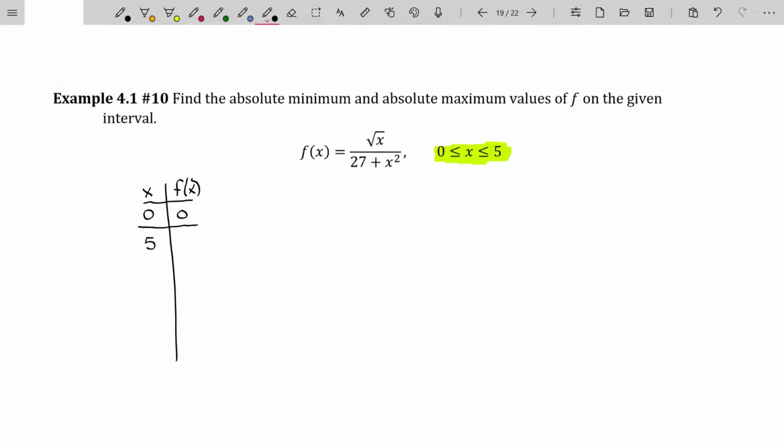If you plug 5 in, you'll get the square root of 5 over 27 plus 25, which is 52, whatever value that is. I have no idea. It's not a huge number though. But you can see that we have a candidate for an absolute minimum, right? That's the smallest of those two outputs. So that's a candidate for an absolute minimum.